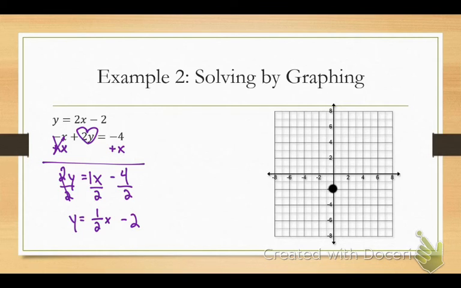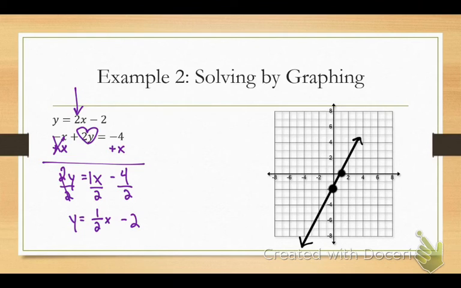Okay, so we're going to start at -2, then we're going to follow our slope. We're going to rise 2 and run 1, and then draw our line through. It's not very straight, but it's okay. All right, now we're going to do our second line. What did you notice about the second line?